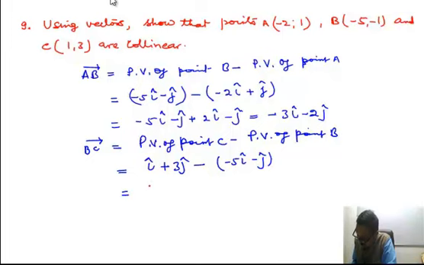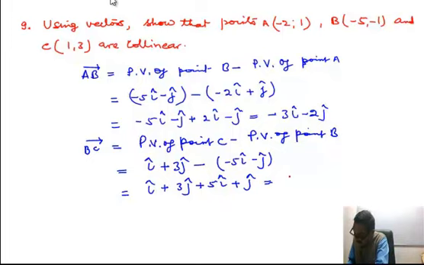Simplify this, so it will be i cap plus 3 j cap plus 5 i cap plus j cap, that is 6 i cap plus 4 j cap.